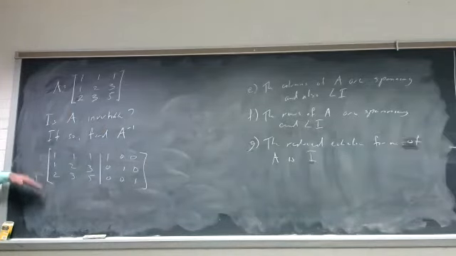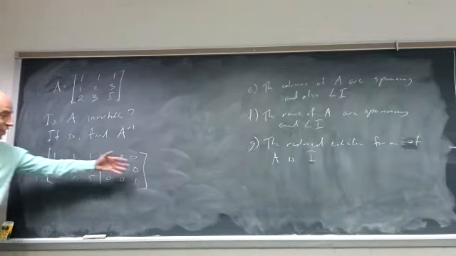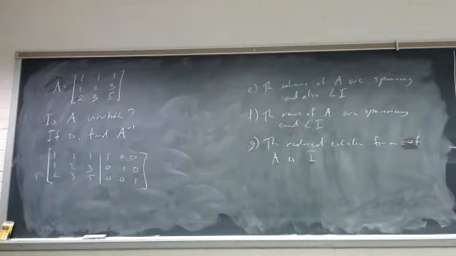Row reduce this. If you get it down to the identity, it is invertible, and you'll see your inverse over here. If it's reduced echelon form is anything else besides the identity, it's not invertible, you can just say it's not invertible.